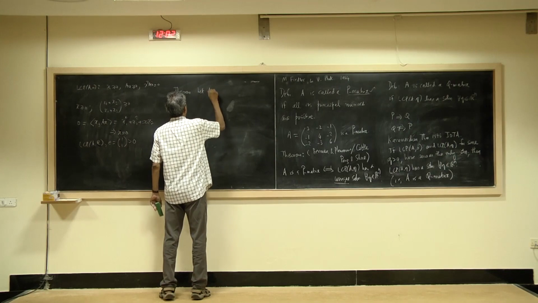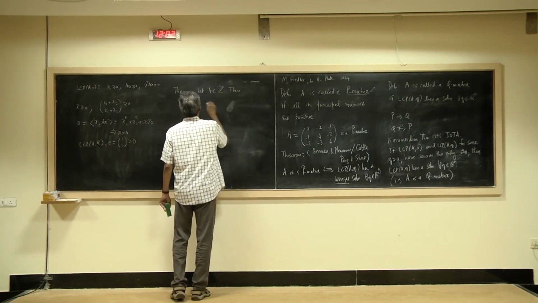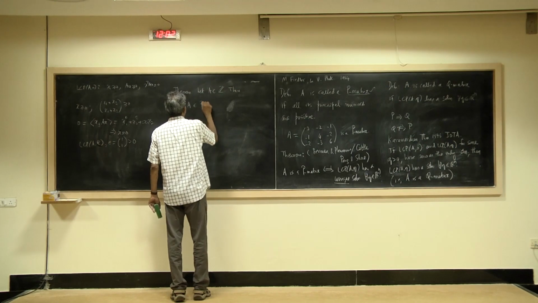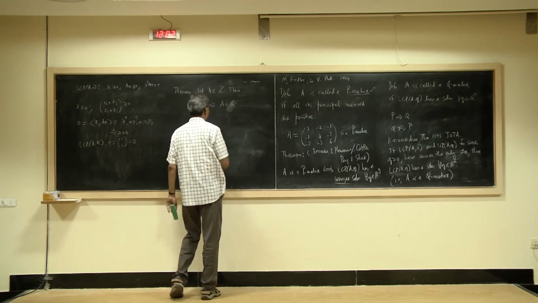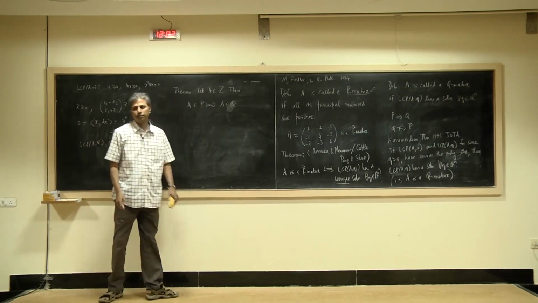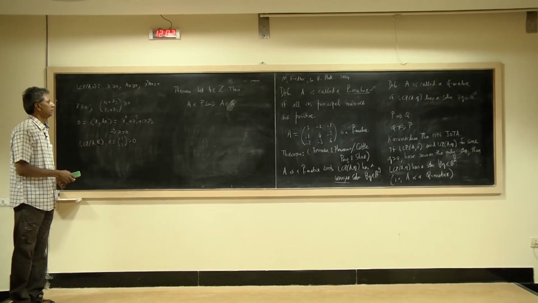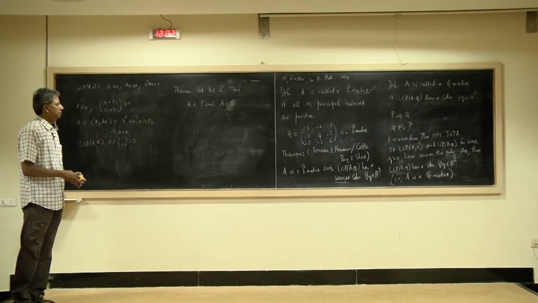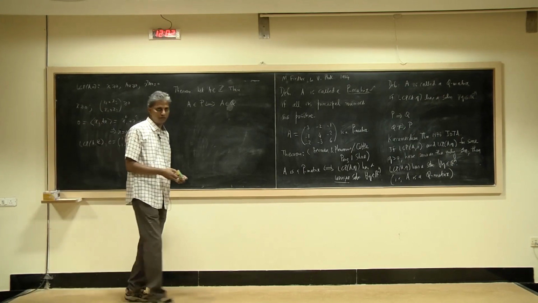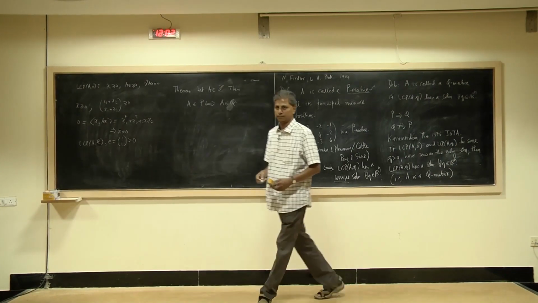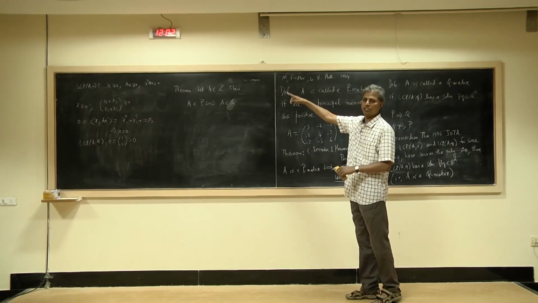Let A be a Z matrix, then A is in P if and only if A is in Q. P implies Q is always true for whatever matrix class you start with, but Q does not imply P. But for Z matrices these two are equivalent.